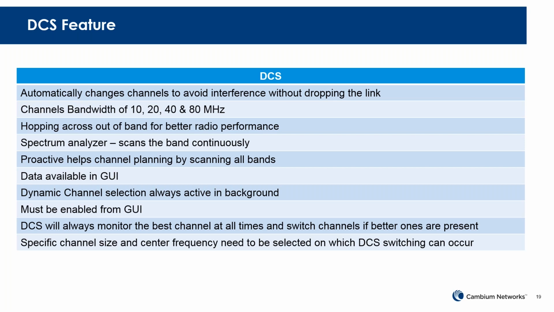All the configurations can be enabled from the GUI, and DCS can also be monitored at all times. It has a bunch of options that you can use to change. You can also specifically select specific channels or a center frequency that you want to be selected.